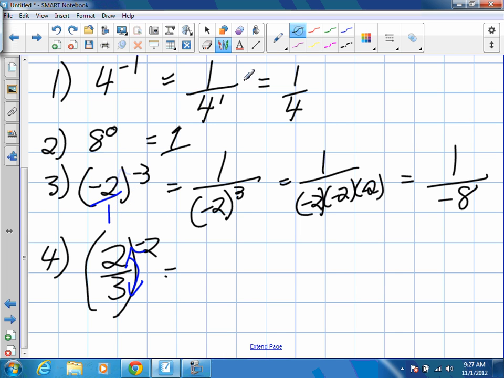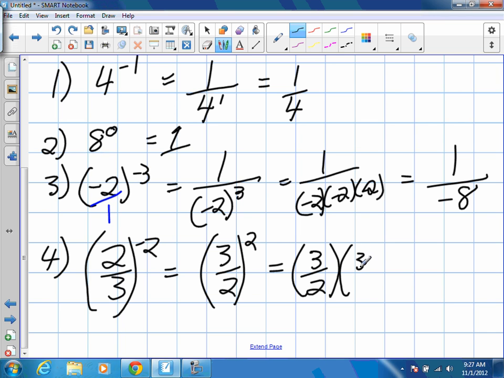So we'll have 3 over 2 to the power of 2. That's now made this exponent positive. Now that that exponent is positive, we're going to multiply the two brackets by each other. And when we multiply fractions by each other, top by the top and bottom by the bottom, will give us 9 over 4.